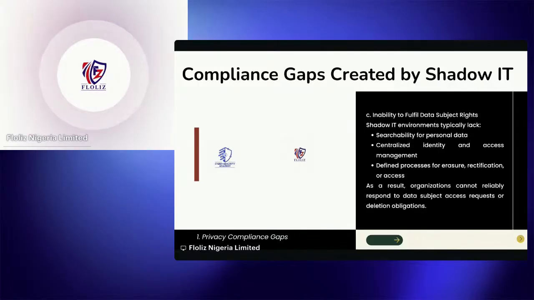You may link it with somebody else, maybe a vendor who has such related data. So organizations must find a way of detecting shadow IT and working out a means of minimizing shadow IT within their environment.